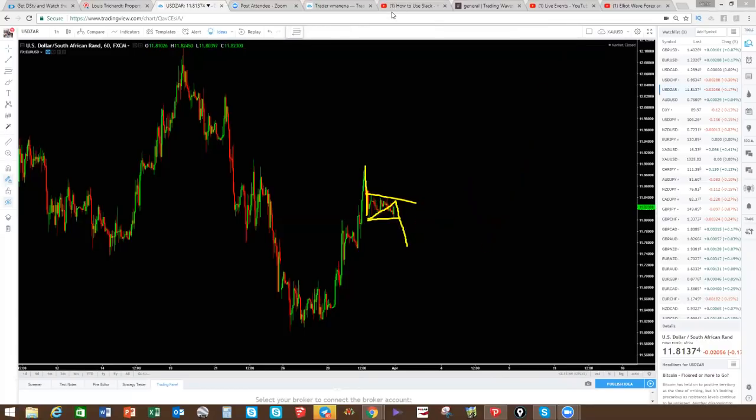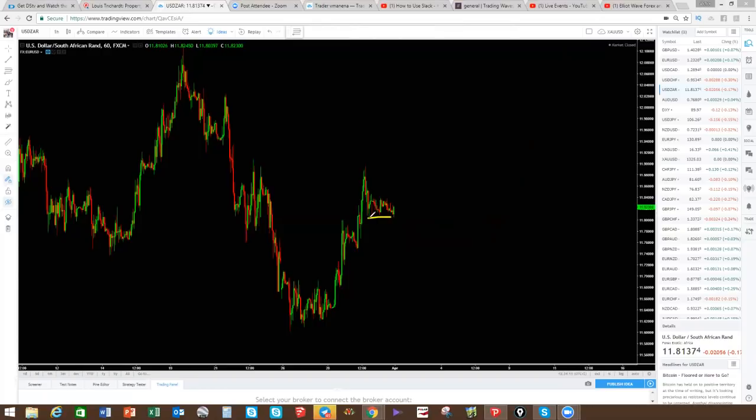Not safe to trade this one to the downside. You can trade it, and then as it moves down here, you can move your stop to break even and see what happens, see if it's going to go back all the way. But I'm not interested in trading this move at this stage. Okay.